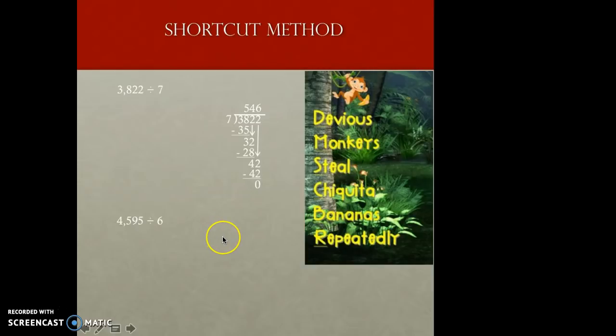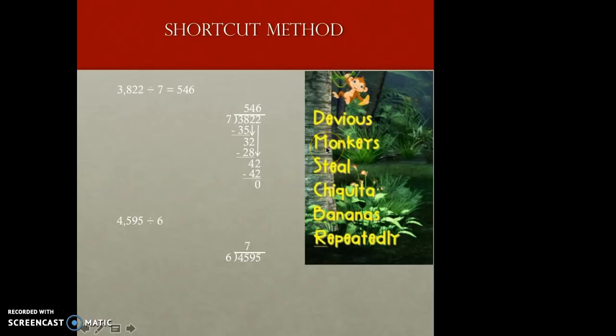All right, so let's try this again. We're going to rewrite our problem inside of the division bar. 6 does not go into 4. It goes into 45. How many times? If you said 7, you are correct.